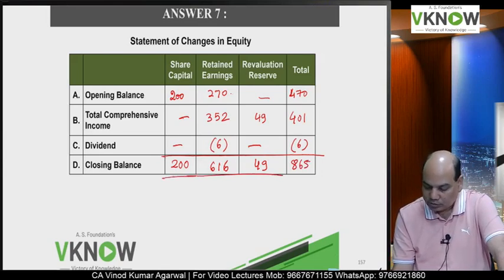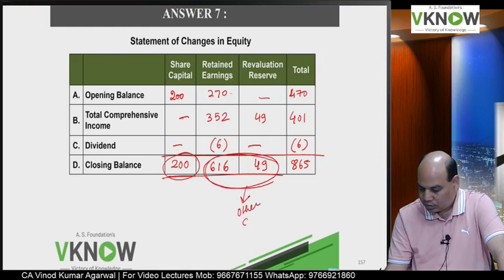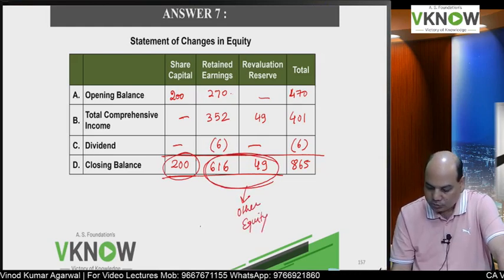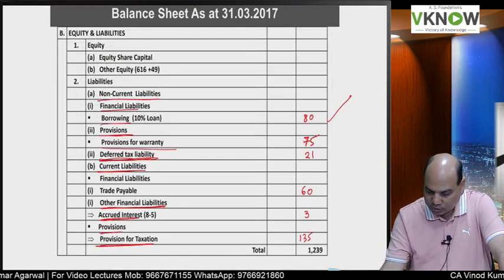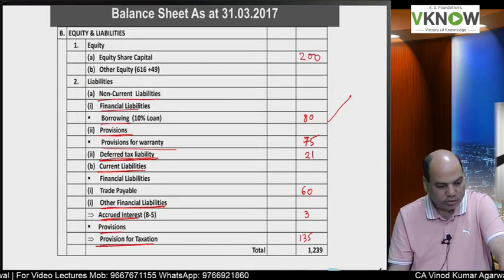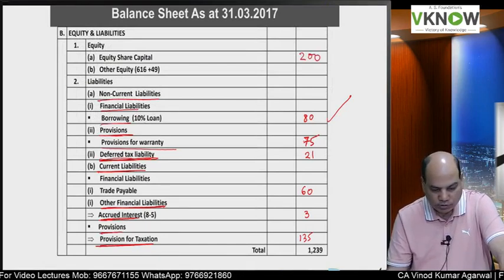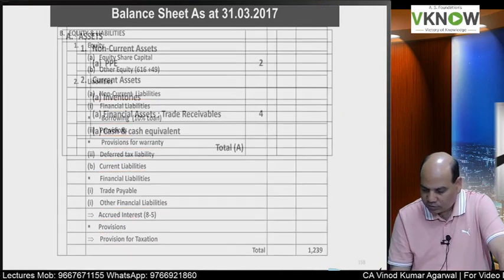In balance sheet, share capital 200 and this 2 total will come under other equity in balance sheet. Okay. So come to balance sheet, share capital, write down 200. Other equity is how much? 665.